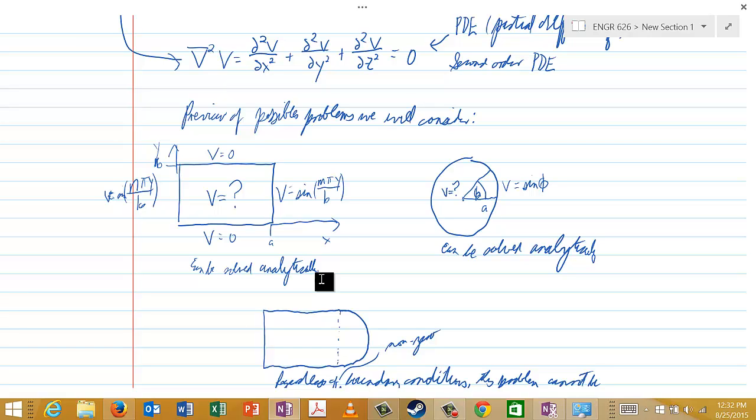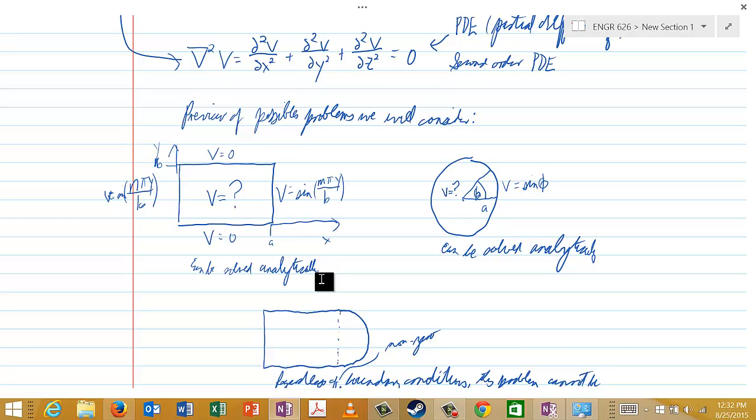There'll be error in all of them, and so by comparing our numerical solutions to analytical solutions, we'll be able to get a better handle on which technique is more accurate and under what circumstances it's more accurate.